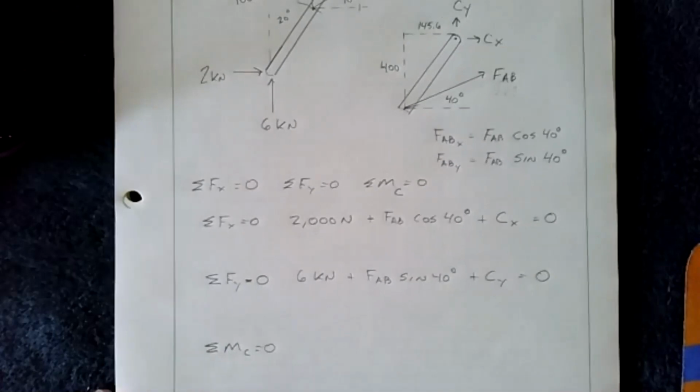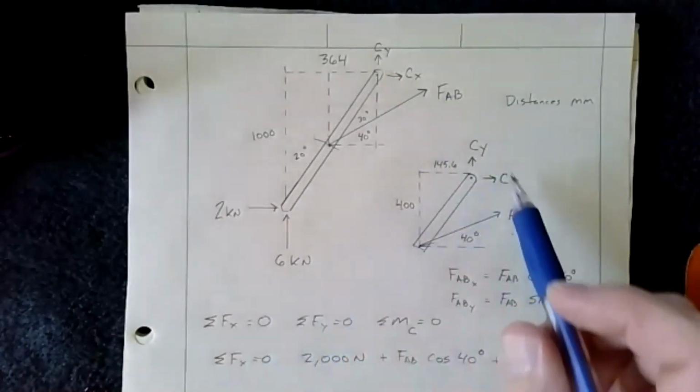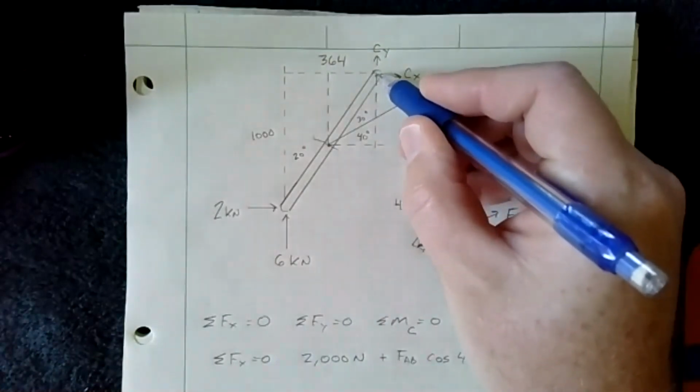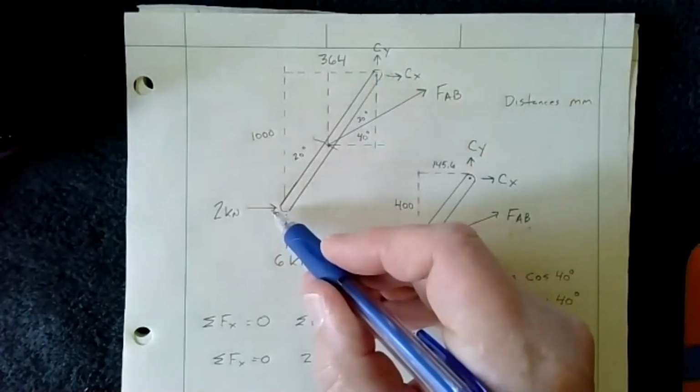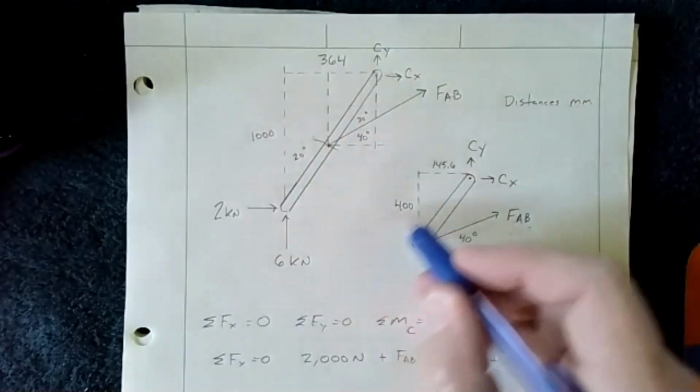And since I already calculated my distances up here, it's going to make it a lot easier. So if I'm summing the moments about C, you can already notice that the 2 kilonewtons times this 1,000 millimeters is going to want to make a rotation that's counterclockwise.